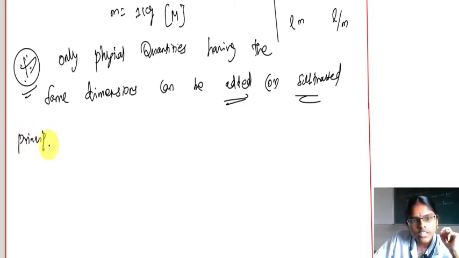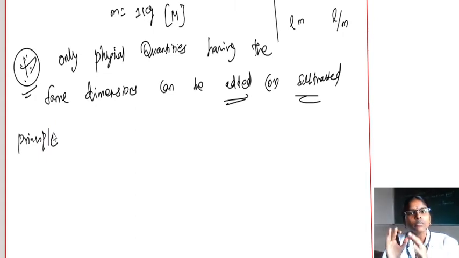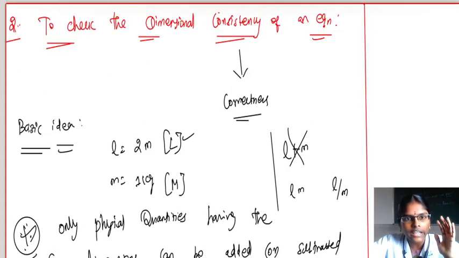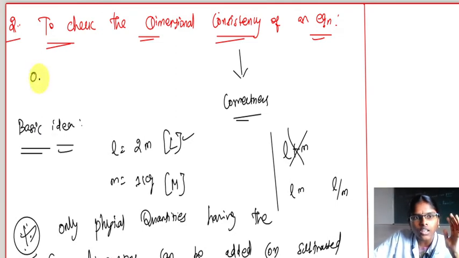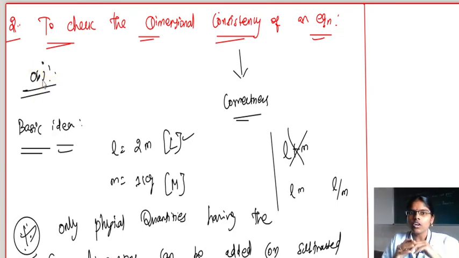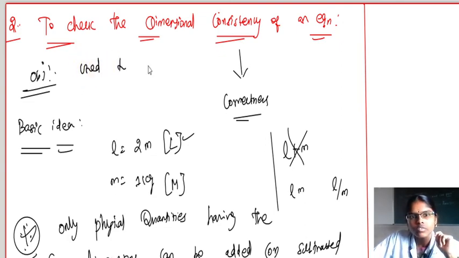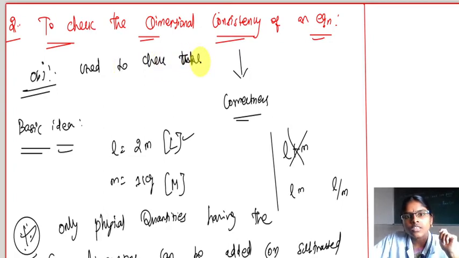So based on this principle, we are going to check whether the equation is dimensionally correct or not. Once again, I tell you the objective of this method or application. It is used to check the correctness of the equation, whether the equation is dimensionally correct or not.